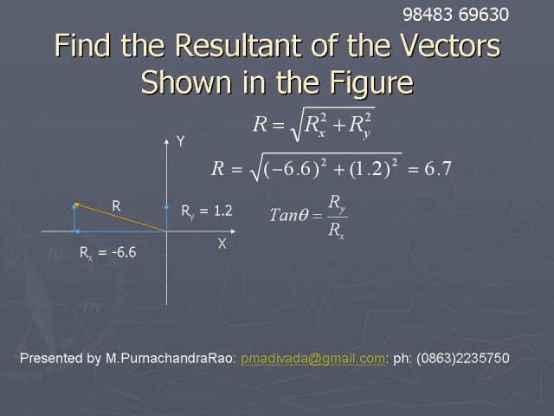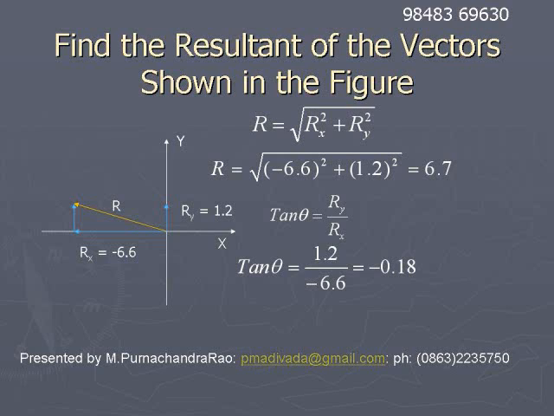The direction of R, that is the angle made by R with x-axis, is given by tan theta is equal to Ry by Rx, where theta is the angle made by R with Rx. So tan theta is equal to 1.2 divided by minus 6.6, which becomes equal to minus 0.18.